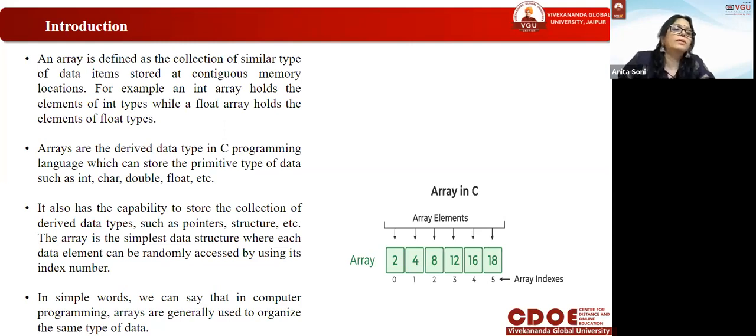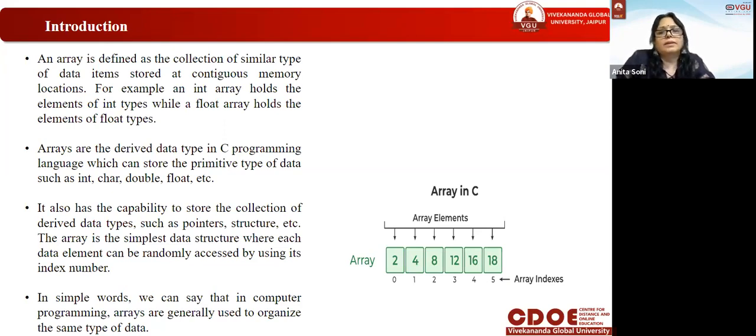So you can store multiple values of int data type in a single variable, multiple characters in a single variable, and multiple float values in a single variable. So you can say an array is defined as a collection of similar data type elements, or an array stores data items in continuous memory locations.